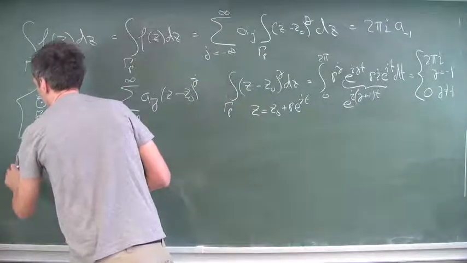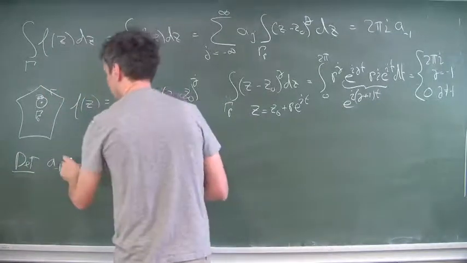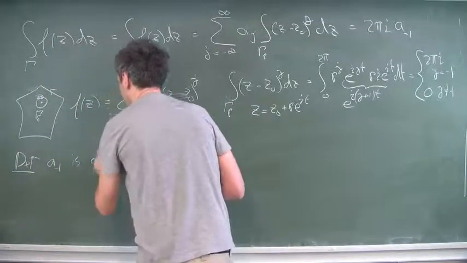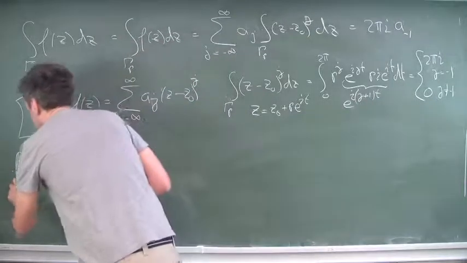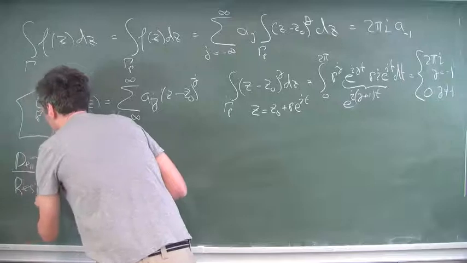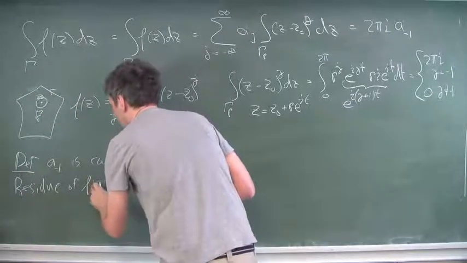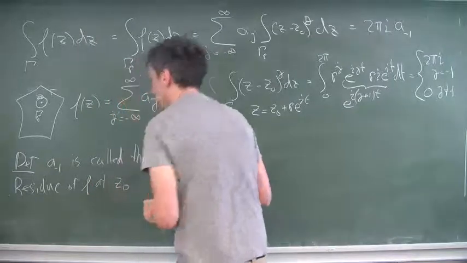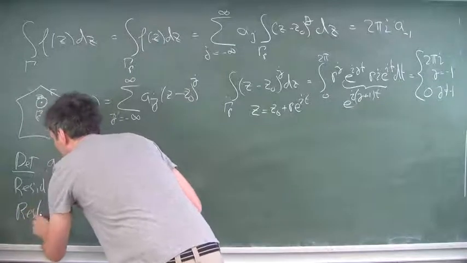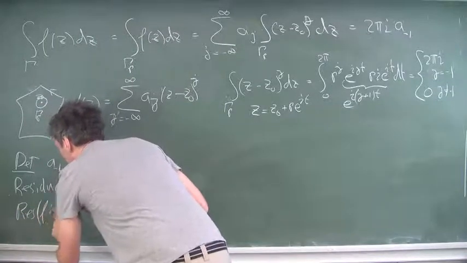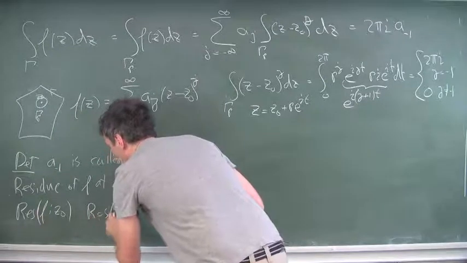So let's make a definition here now. a minus 1 is called the residue of f at the point z naught. And we denote it by res of f at z naught, or if f is understood just res of z naught.